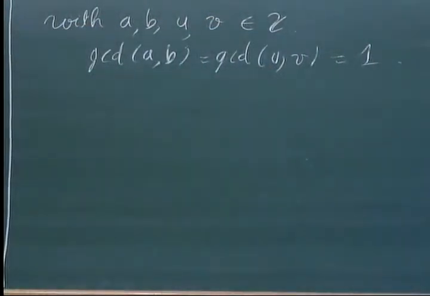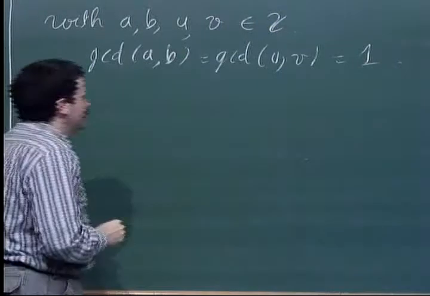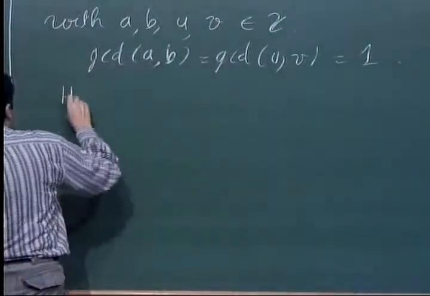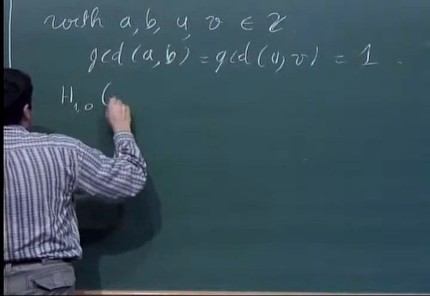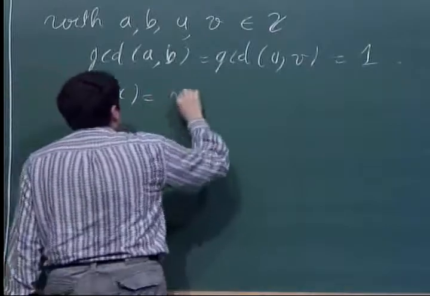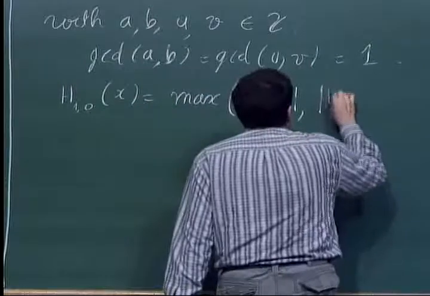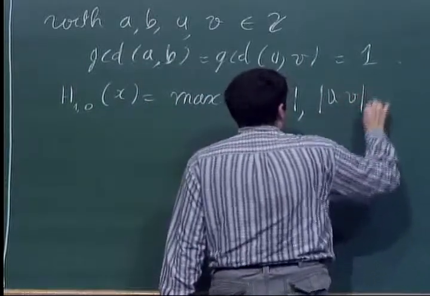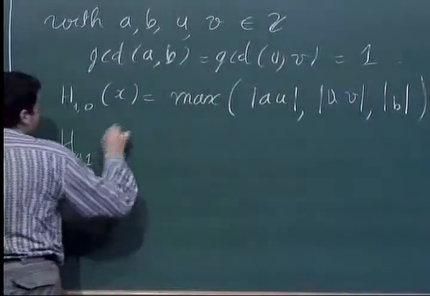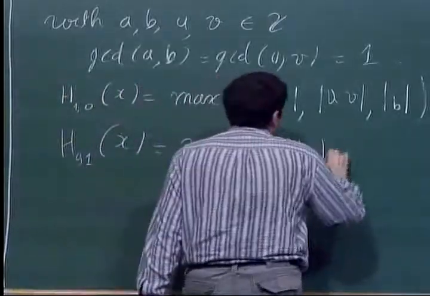And then with this description, the height which came into account, let's say, H01 of the point x was equal to the maximum of au, av, and b, and the second height was given by the maximum of u and v.